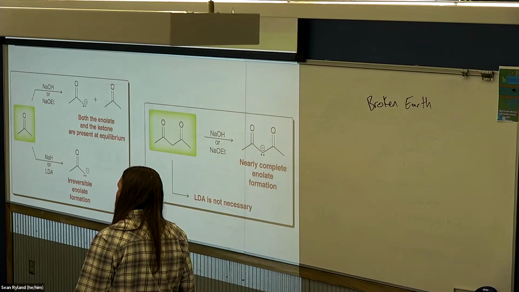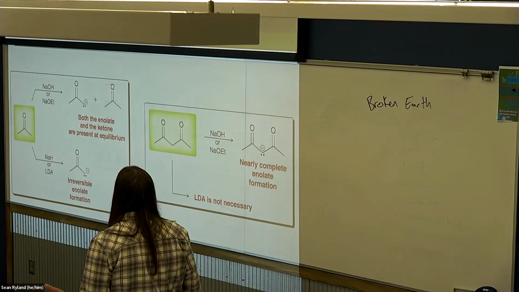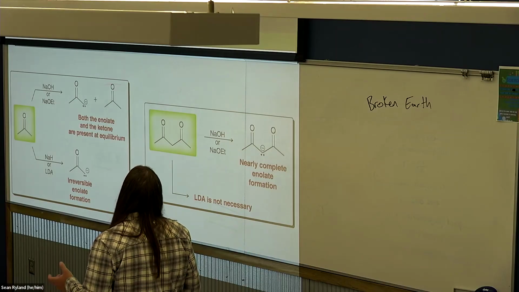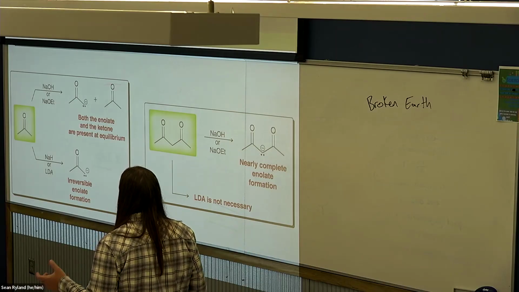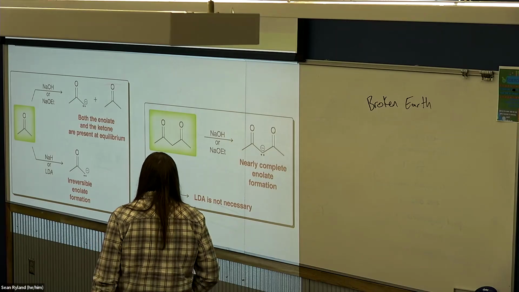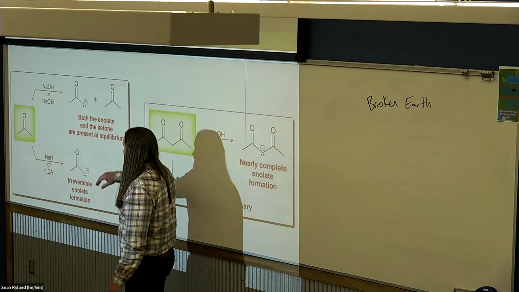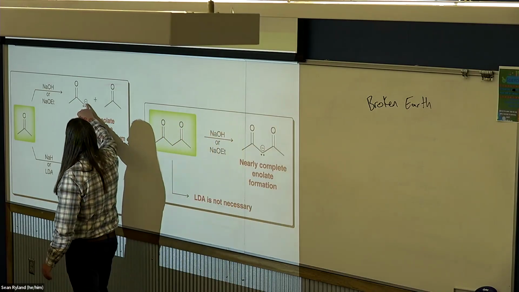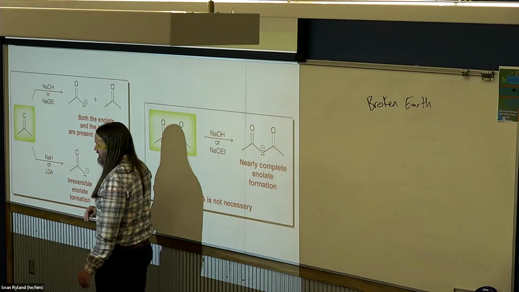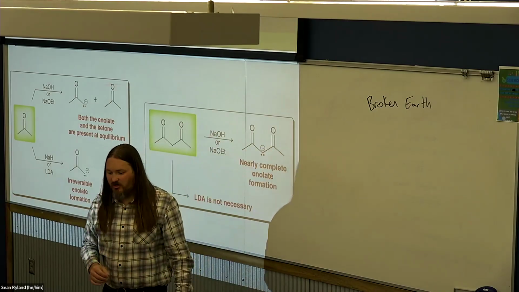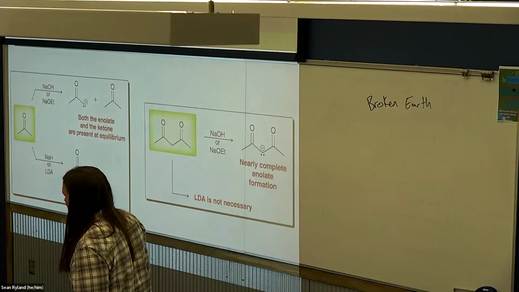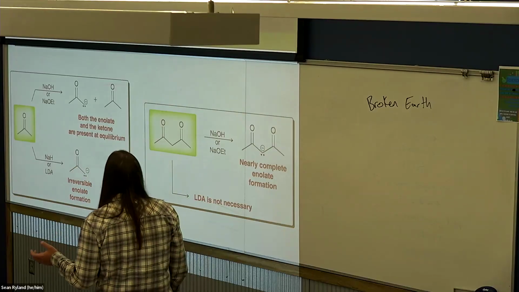We can make an enol from any class 2 carbonyl, but they're not necessarily all that effective unless we make the enolate, because the enol is still just going to give us a resonance structure that's partially reactive, but it's not as useful synthetically.